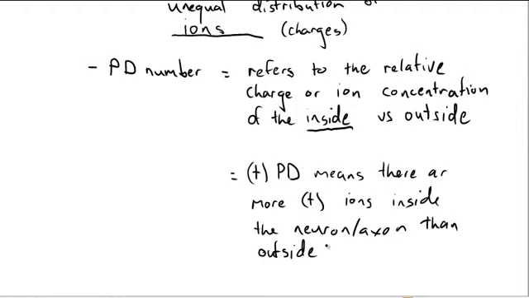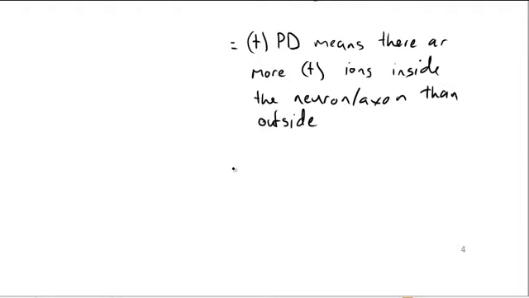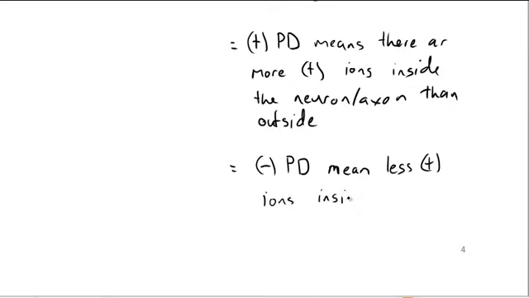Now the interesting thing is, when we talk about negative potential difference, we're really not talking about negative ions. We're just talking about the relative number of positives. So negative potential difference means, still referring to the positive, there are less positive ions inside the neuron or axon than outside.